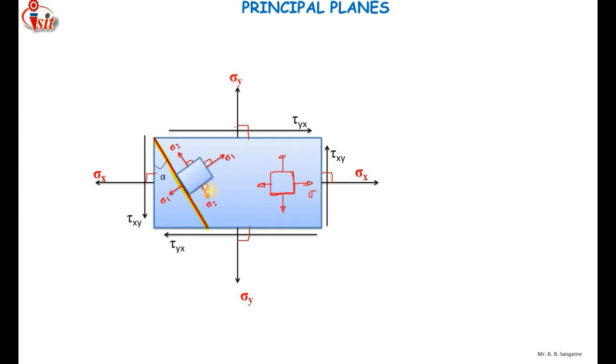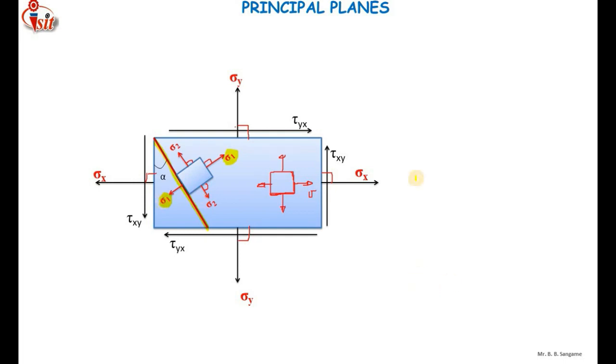Now here we have seen that for the case of brittle material, the component will fail along this plane because of the maximum principal stress, that is sigma 1. Why? Because brittle materials are weak in tension, they don't have any yielding.